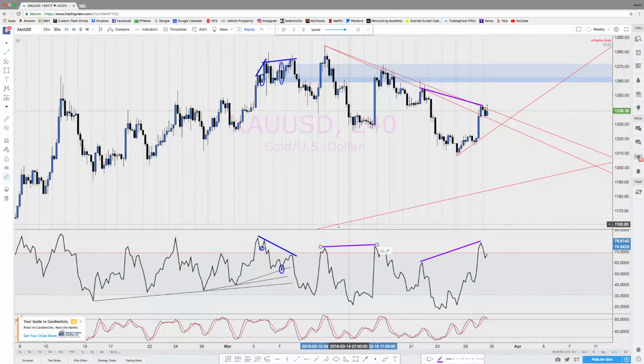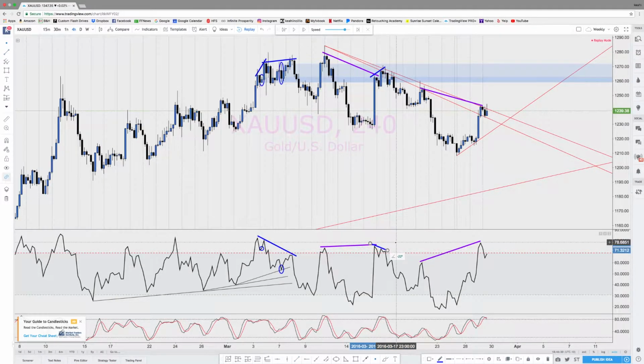And on price action, we mark that out like this here. And just because it's there, I want to show a regular divergence immediately following the hidden divergence, which is a strong signal. So there we go.